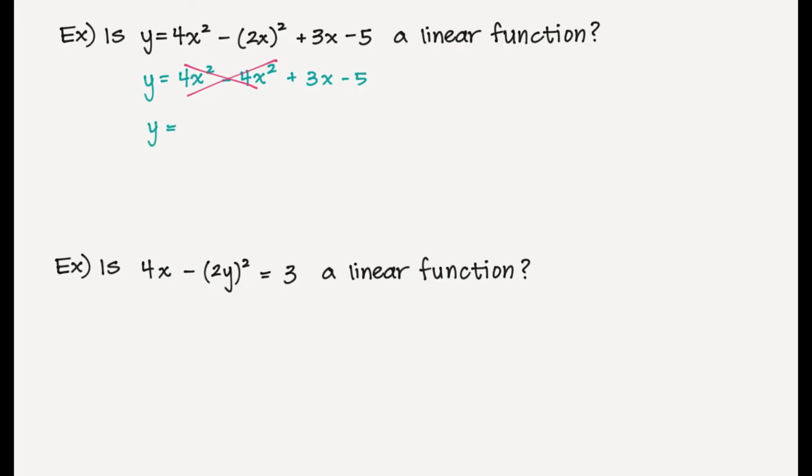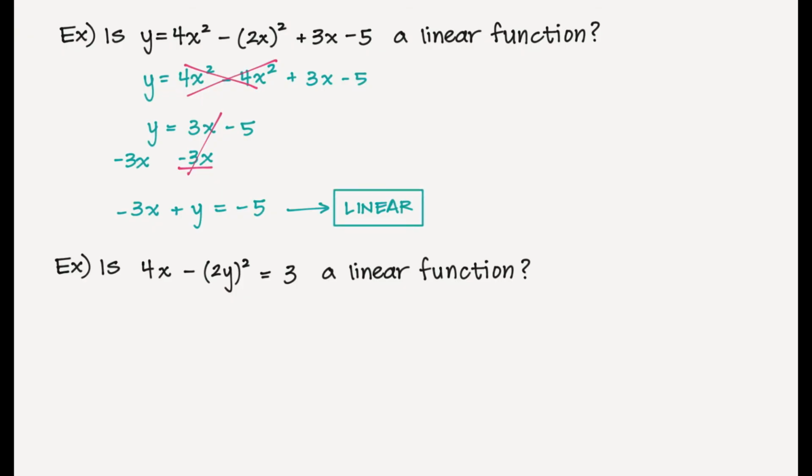So simplified, this is y is equal to 3x minus 5. I'm going to see if I can get this into standard form. So I'm going to move the 3x to the left-hand side. And when I do that, I have negative 3x plus y is equal to negative 5. And since this is in standard form, this is a linear function. If I was going to graph it, it would be one straight line.